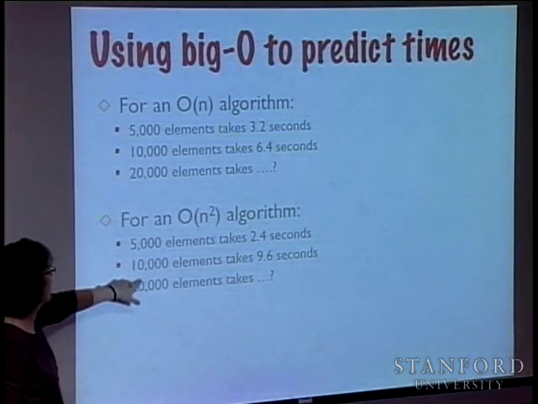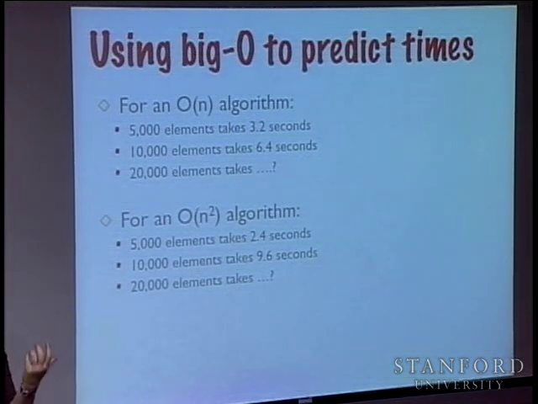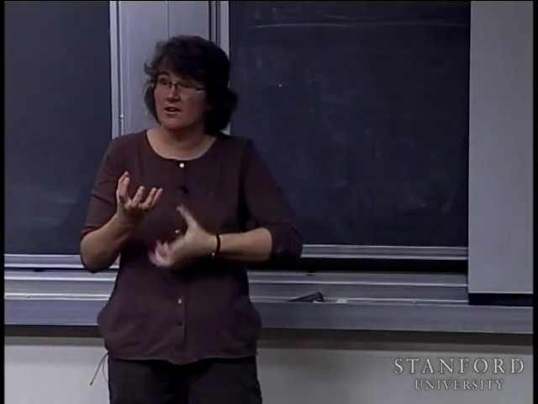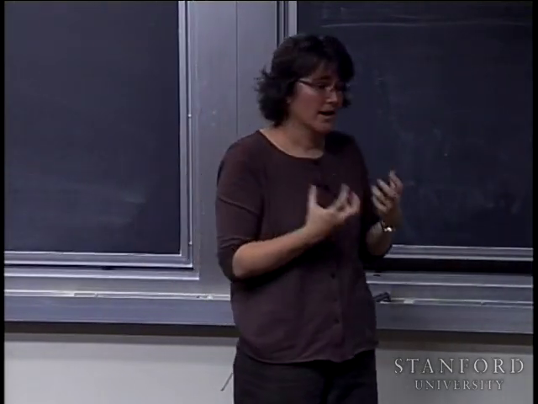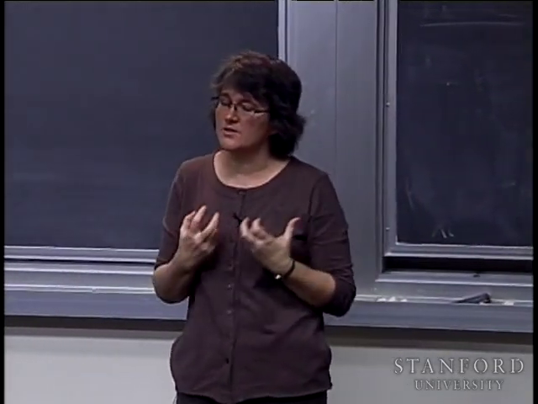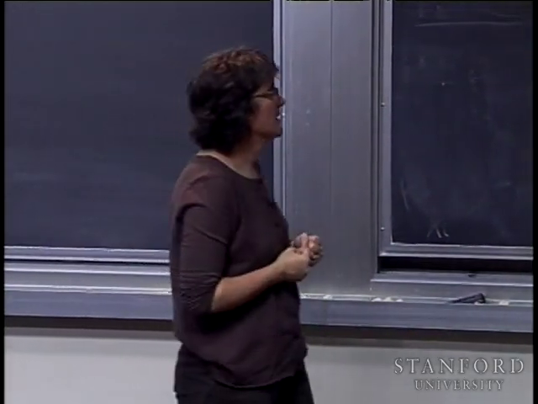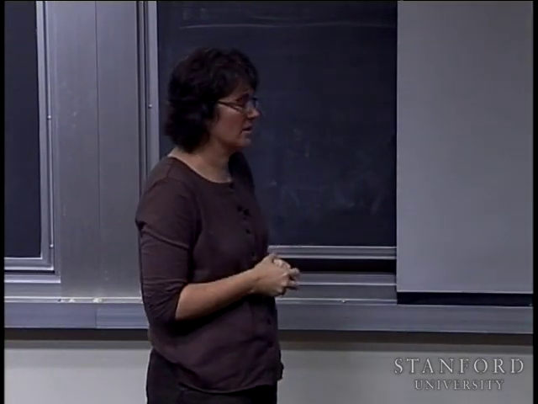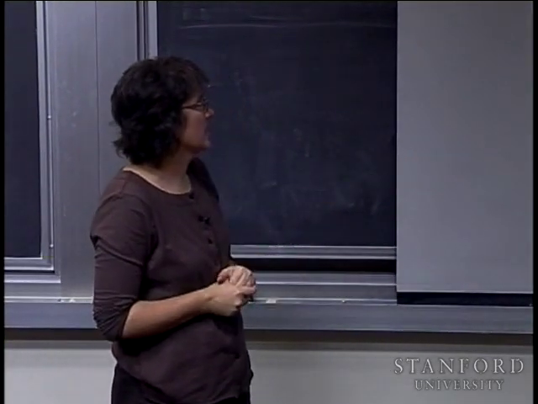If I go from 10,000 to 20,000, another factor of 4 is going to bring that up to 40 seconds or so, compared to my more modestly growing linear algorithm. So if I was facing a task where I had an option between a linear algorithm and a quadratic algorithm, it's telling me that in the long run, for sufficiently large inputs, the quadratic algorithm is going to bog down in a way that the linear one will be our strong performer in the larger cases.